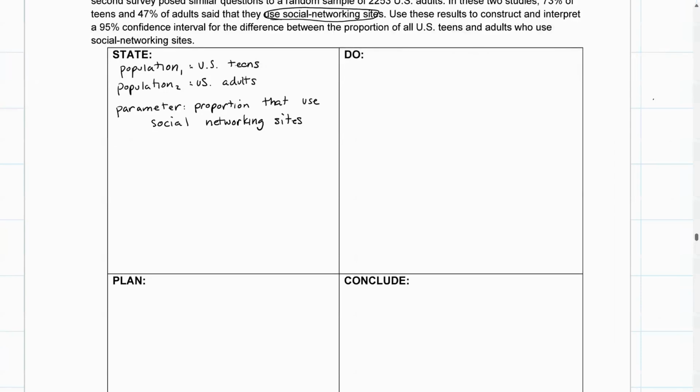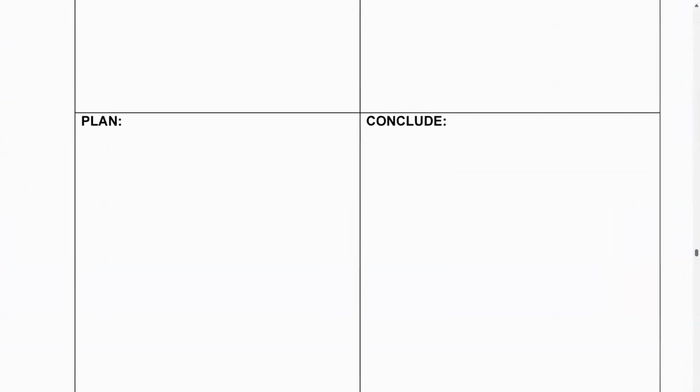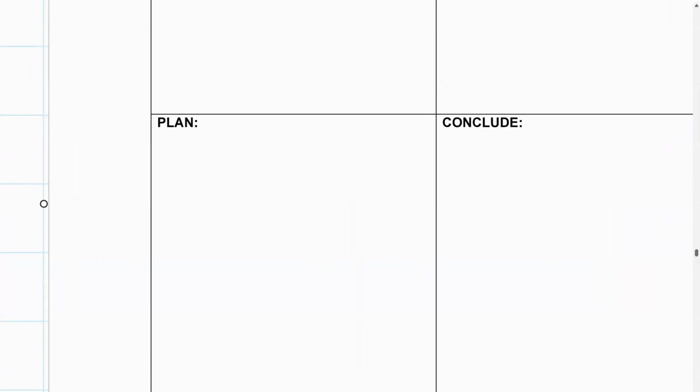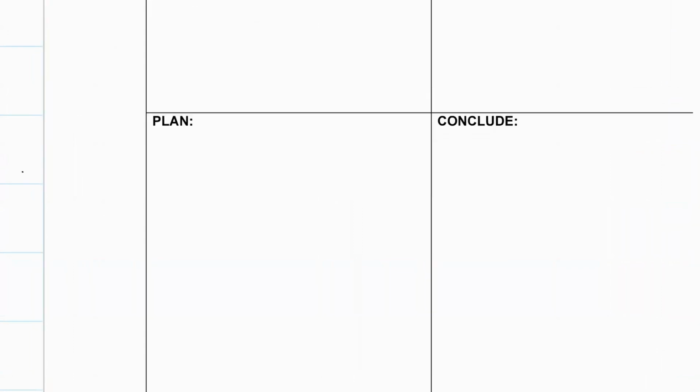On the planning side, we need to name our procedure. We need to say, what is our method? And our method is called a two sample, because we have two distinct samples, Z interval or difference in population proportion.